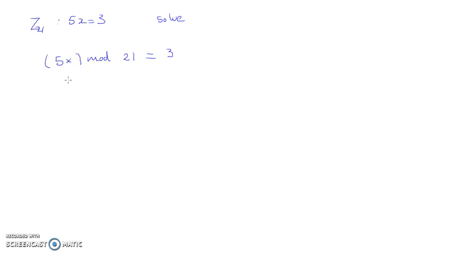So if we consider the multiples of 21, 1 21 is 21, 2 21s are 42. Now, we're looking at mod 3, so 42 plus 3 is equal to 45. It ends in 5, so it's a number that 5 goes into. So 5 times 15 is equal to 45.